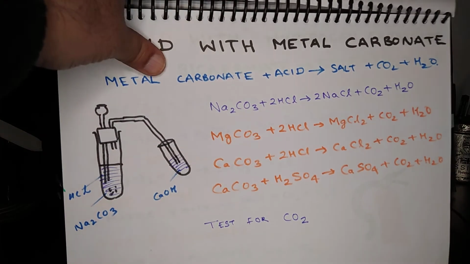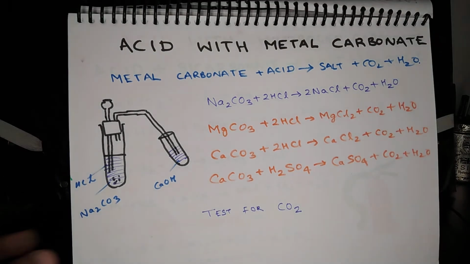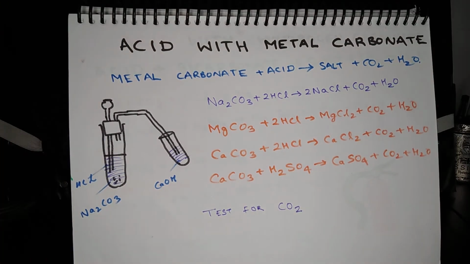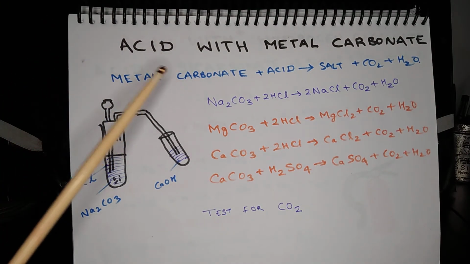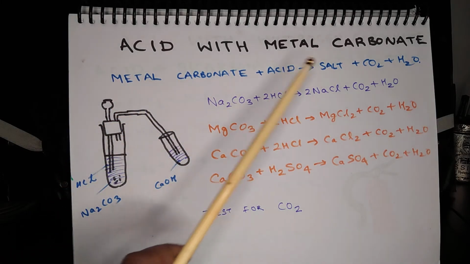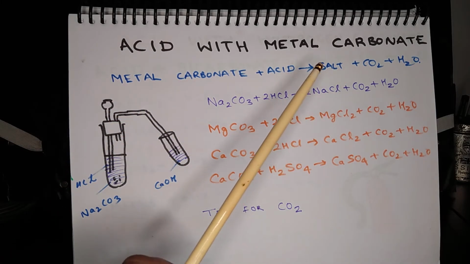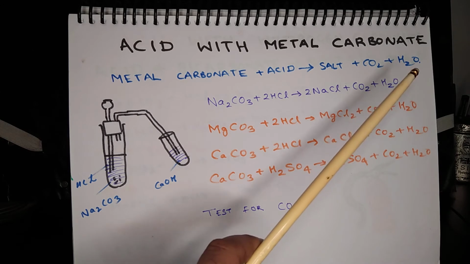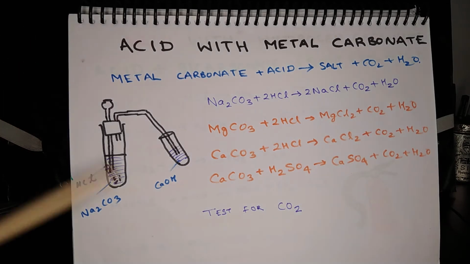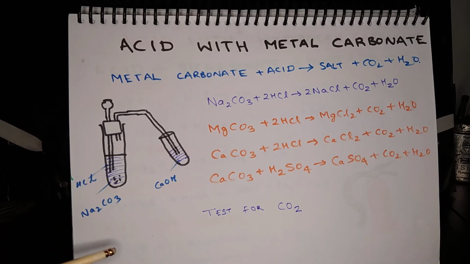Now, what about acids reaction with metal carbonate? So when metal carbonate reacts with acid, once again salt is formed along with carbon dioxide and water. In this setup, there is a test tube in which hydrochloric acid has been taken and sodium carbonate has been added to hydrochloric acid.